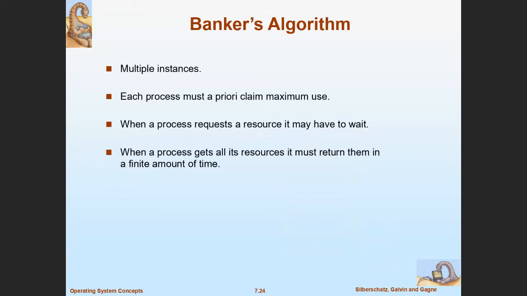Let's look at this Banker's algorithm. We have multiple instances of the resources. The process must know the maximum claim of resources, whatever the process may claim, maximum.